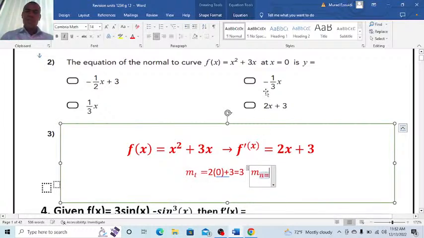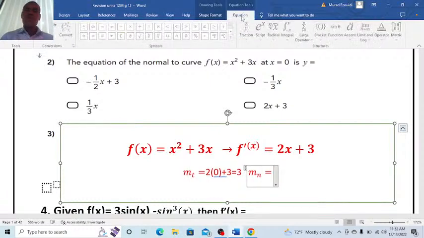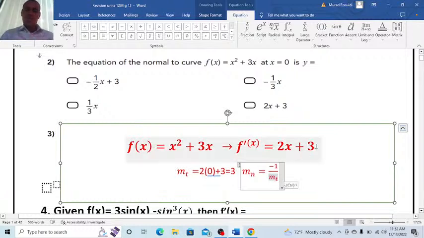This one is equal to negative 1 divided by mt. Here the mt, the gradient of the tangent, is 3, so this is equal to negative 1 divided by 3.